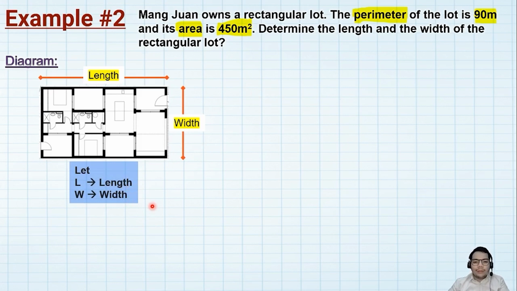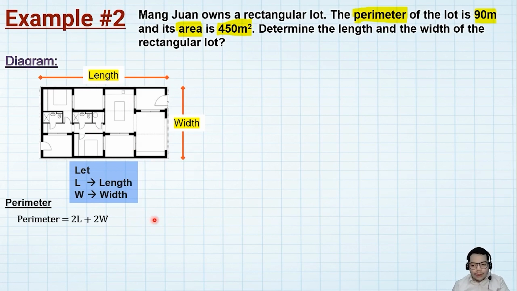And since we're given the perimeter, we can recall its formula. The perimeter is equal to 2 length plus 2 W. Yan yung formula natin dati ng perimeter, di ba? Aside from saying just add all the sides of the rectangle shape. So perimeter is equal to 2L plus 2W.